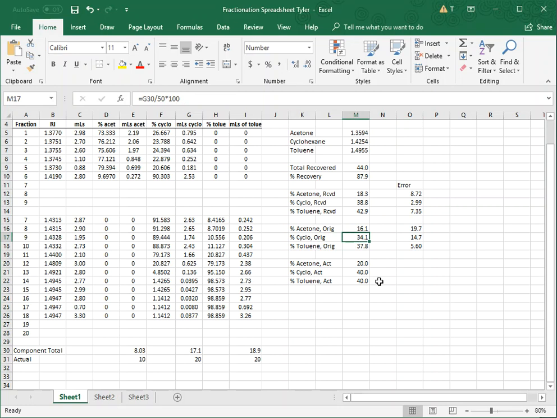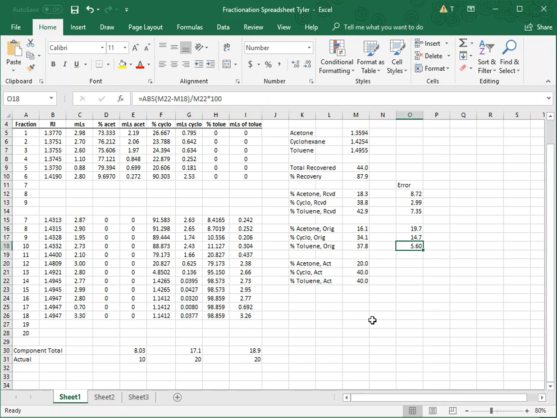And then when you compare that to the total of the 50 that you should have gotten, it actually goes up by a factor of almost 5 times, right? And then you do the same thing for toluene. This is based off of your recovered 7.35, and then what it should have been off of 50, which was 5.60% error.